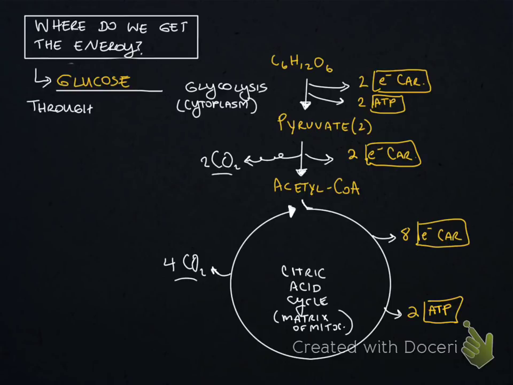So let's gather all of our electron carriers and send them down the electron transport chain. So how many do we have? We have 2, 2, and 8. So we have 12 electron carriers.